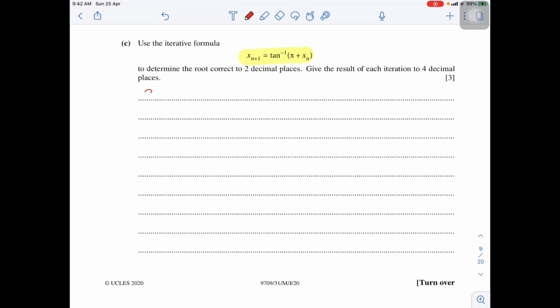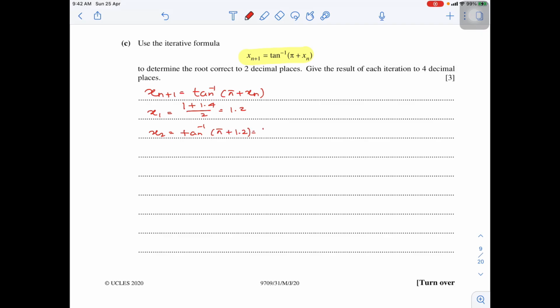Let's try the next one. To determine the root correct to 2 decimal places, give the result of each iteration to 4 decimal places. So I'm writing x(n+1) is tan inverse of pi plus x(n).